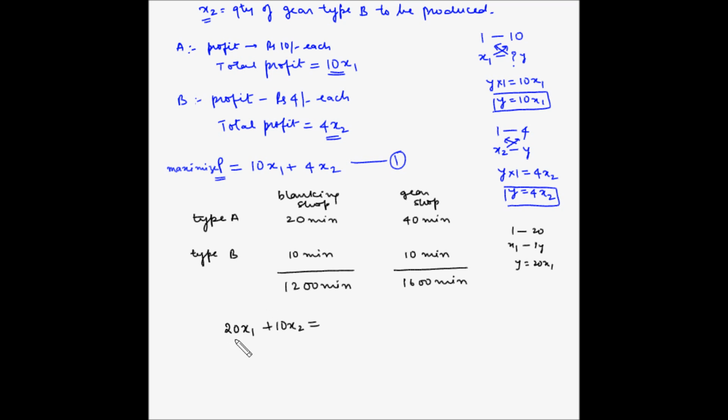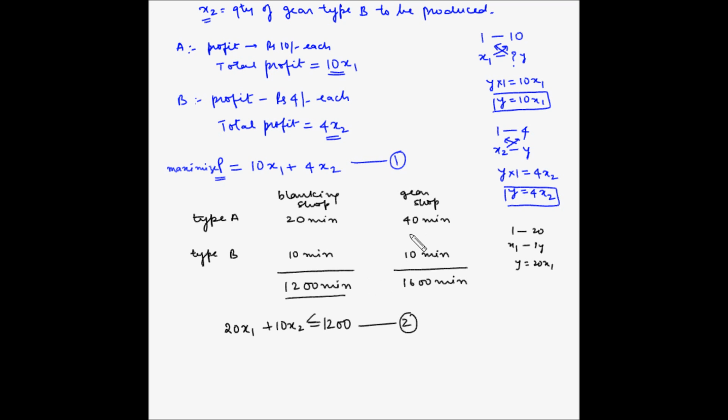This includes the total time that is needed for x1 numbers of type A gear and x2 numbers of type B gear on the blanking shop. However, we have been given that the total time available for the blanking shop is 1200 minutes. So this has to be less than or equal to 1200. So this is our first constraint. We'll call it number 2.